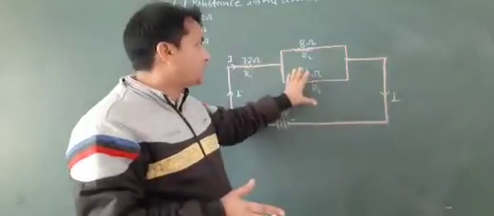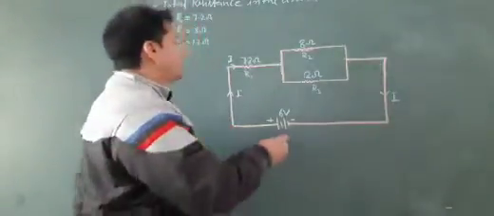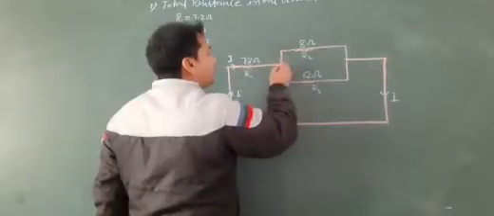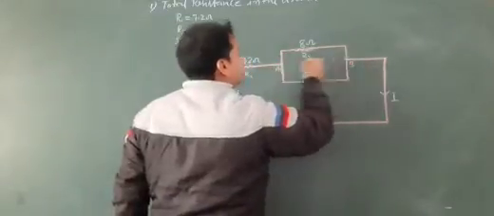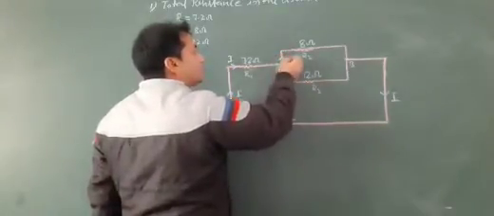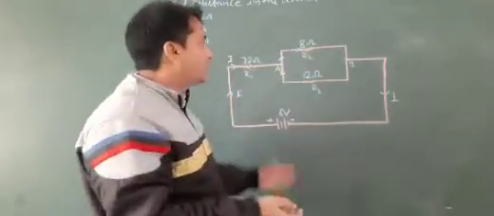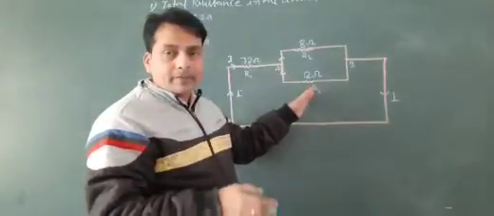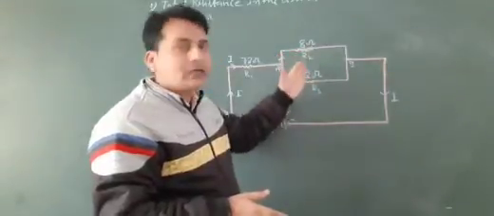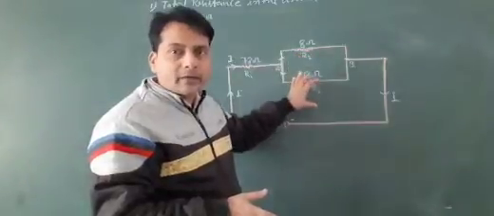So now it is clear that 8 and 12 ohms are connected in parallel, because the electric current is the same at point A, and there are two loops here, and the net electric current is divided among R2 and R3, which means the electric current through R2 and R3 will be different. So 8 and 12 ohms are connected in parallel.